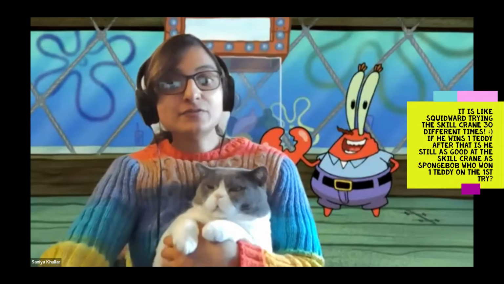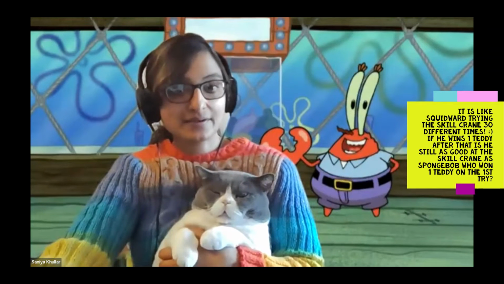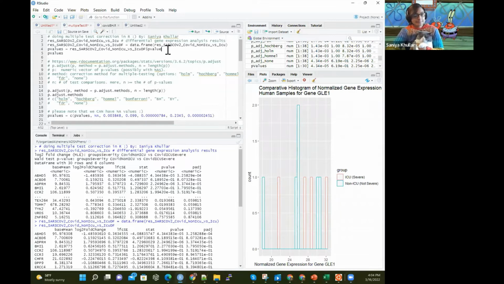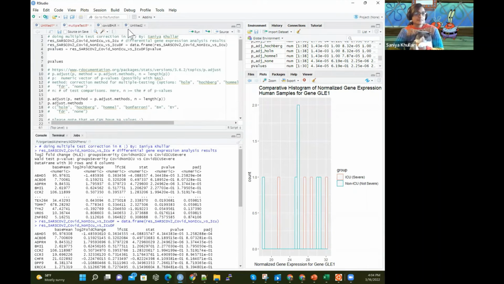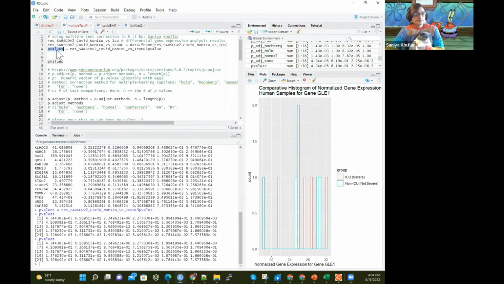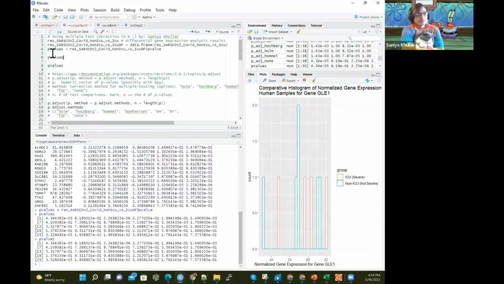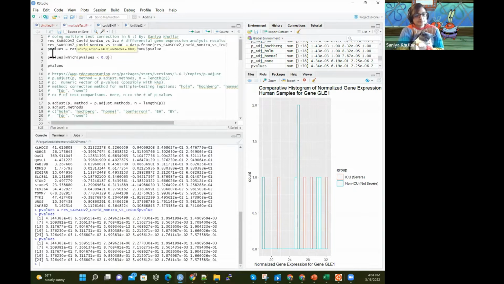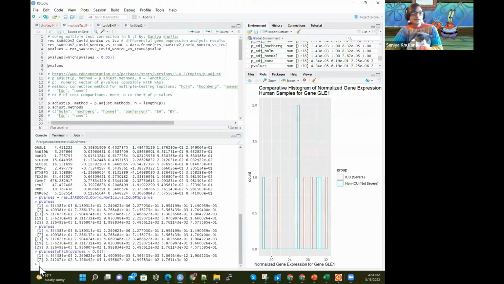So I need to do some sort of selection for that, because originally I would have had so many genes being significant. All I have to do to find the significant ones is take these p-values and check which are less than 0.05.